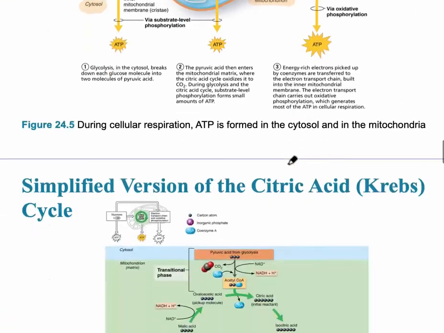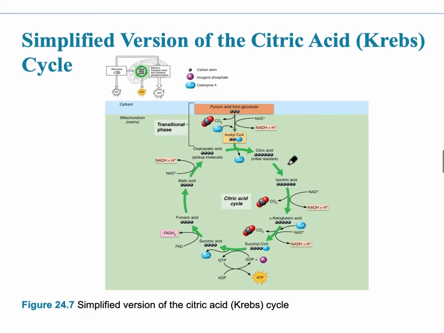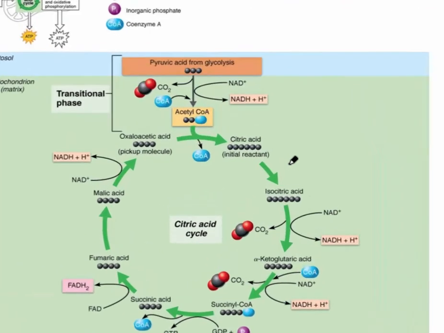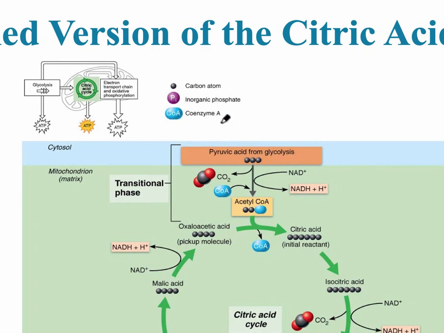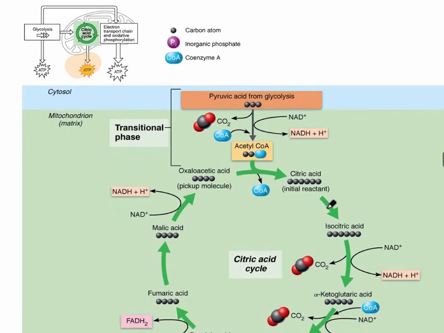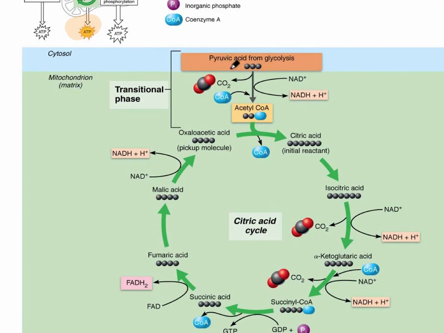So we're going to first look at the Krebs cycle. And again, you don't have to know all the individual steps. Just know, first of all, that it occurs in the mitochondria, as we can see up here at the top. And what happens is the glycolysis, you should know, is glucose into pyruvic acid.